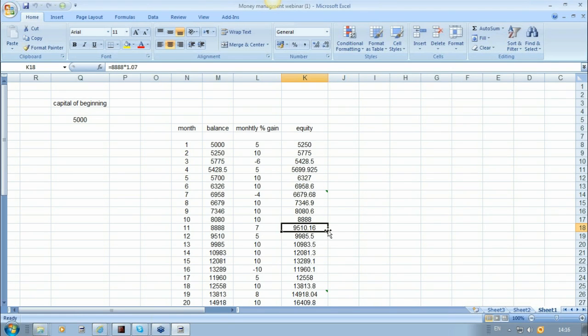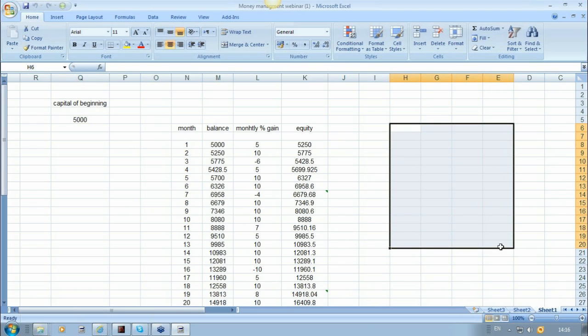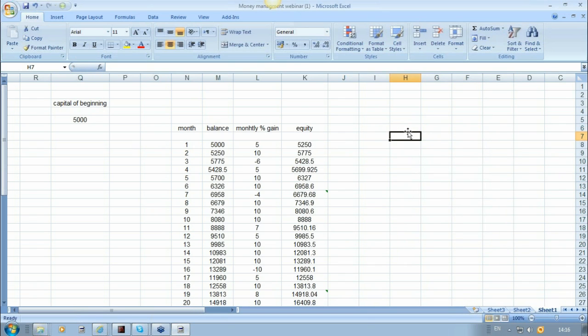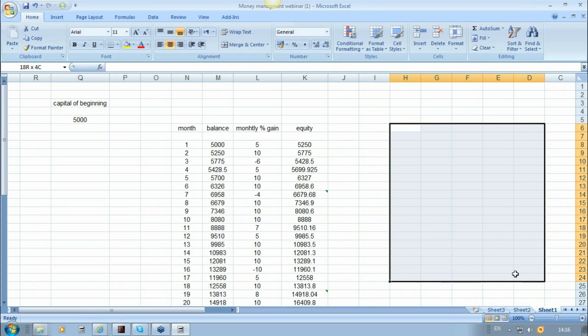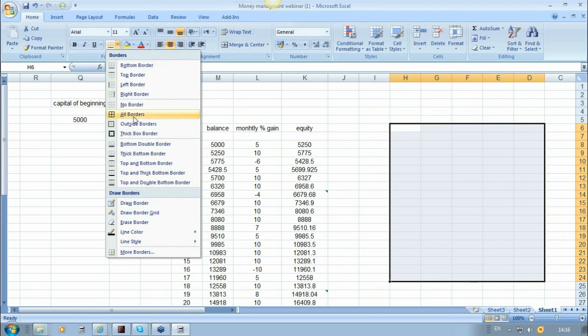And what do I mean by that? Please listen carefully. My starting capital is $5,000, right? Now I prepare a separate table here. Now watch this, friends. Let me just make borders.